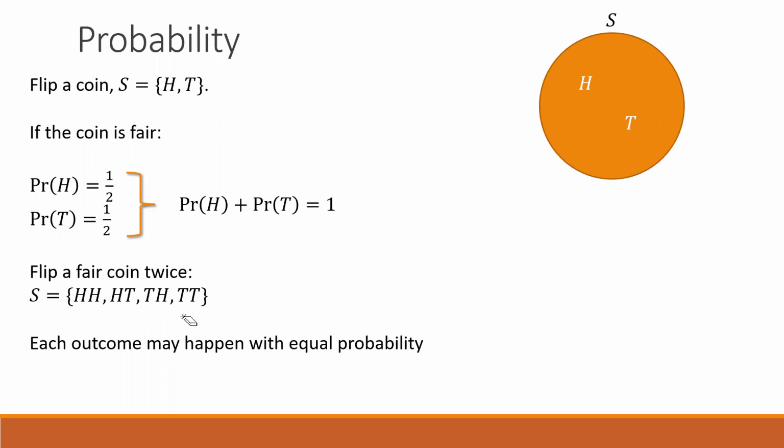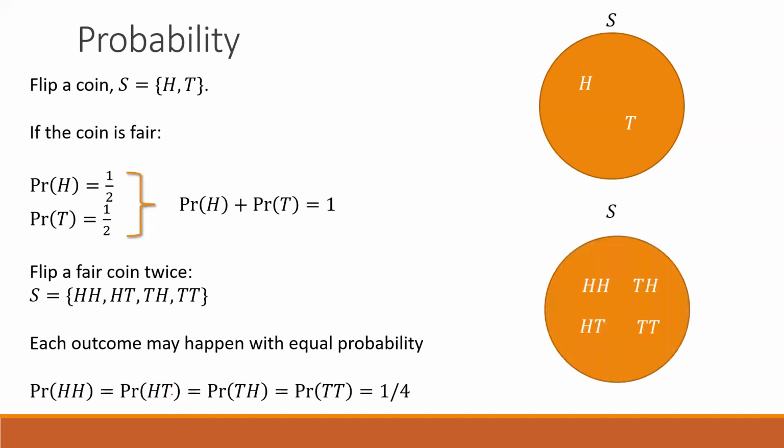Again, each outcome may happen with equal probability, since this is a fair coin. So the probability of heads-heads, heads-tails, tails-heads, and tails-tails are all 1/4, which means if we sum them up, they all sum to 1. This would be an example of my sample space for flipping a fair coin twice in a row.